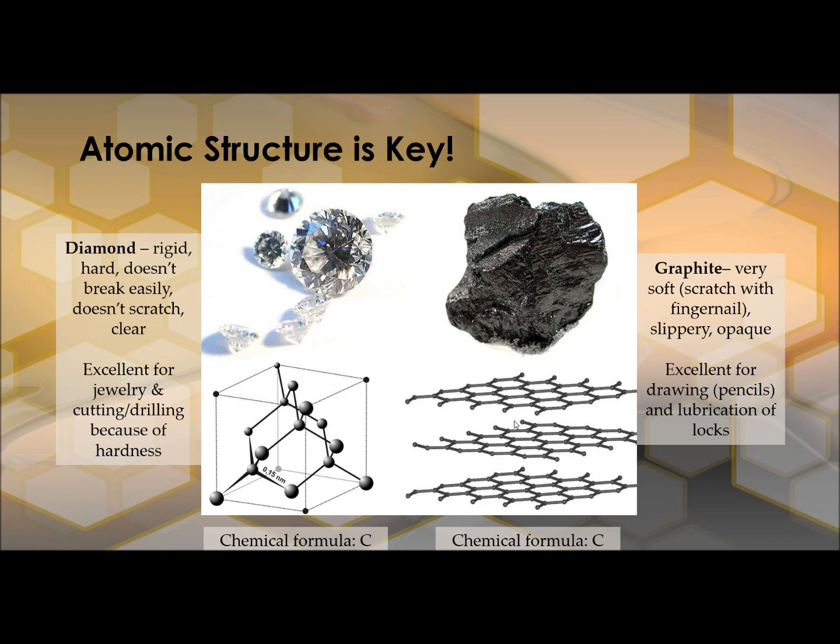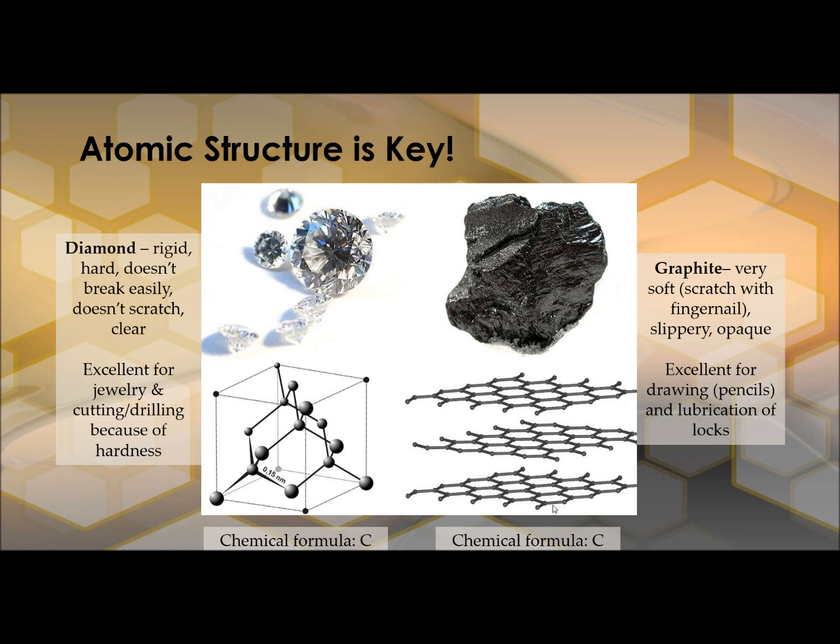What makes these two different is not just what it's made of, but how the atoms are arranged. You see on the left here, the diamond is a very clear crystal. It's a very rigid, three-dimensional structure. And it's very different from graphite on the right. It forms these long sheets, and these sheets slide against each other.